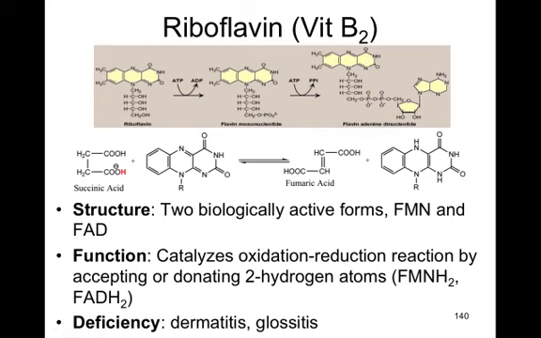Flavoproteins like FMN and FAD, because of their ability to accept and donate protons, play a very important role in the electron transport chain, which is something you will learn about in the second half of this course. The electron transport chain is a key generator of ATP molecules.